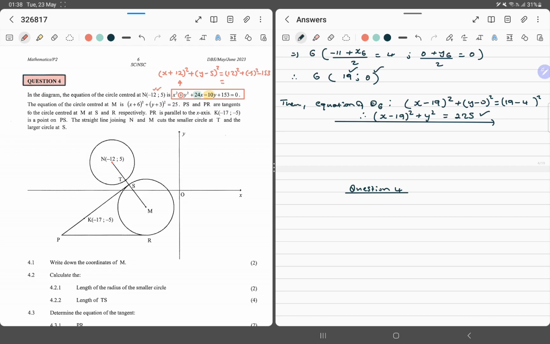So that should be 16. Let's double check: 12 squared plus 25, yes, that's 169. So 169 minus 153 is 16. This is the useful way in which you want to write that equation.